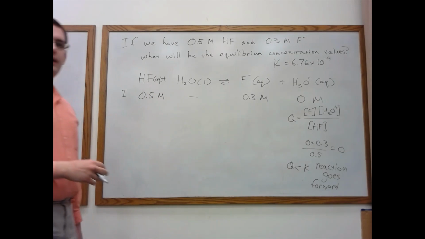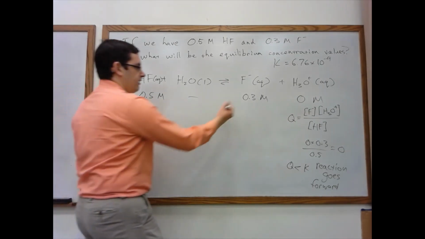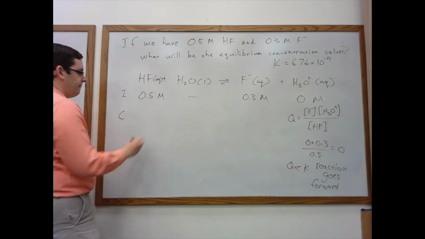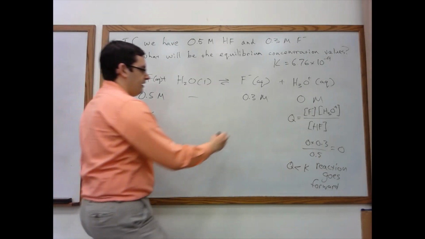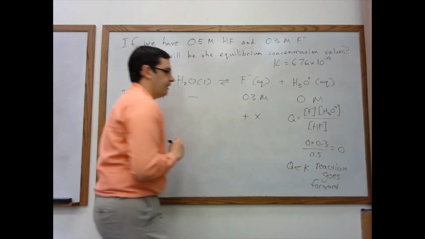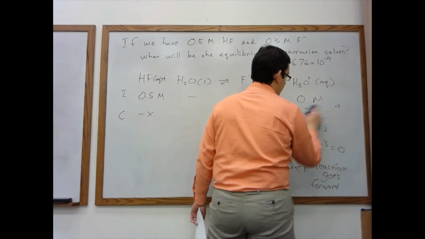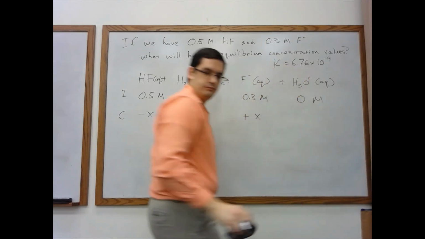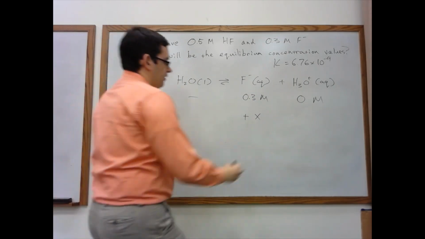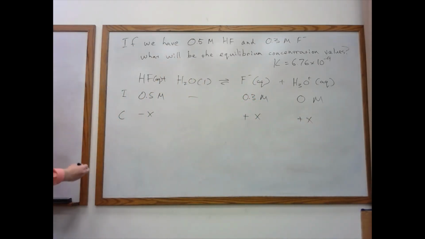So what that tells us is that we're going to be producing more of our products. So we're going to consume our reactants, HF, and we're going to produce more of our fluoride ions as well as more of our hydronium ions. So this is our change as we approach equilibrium.